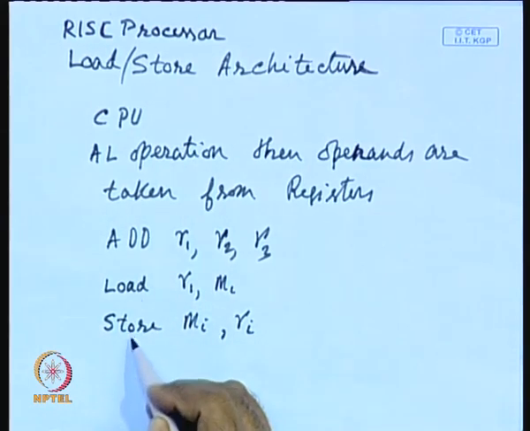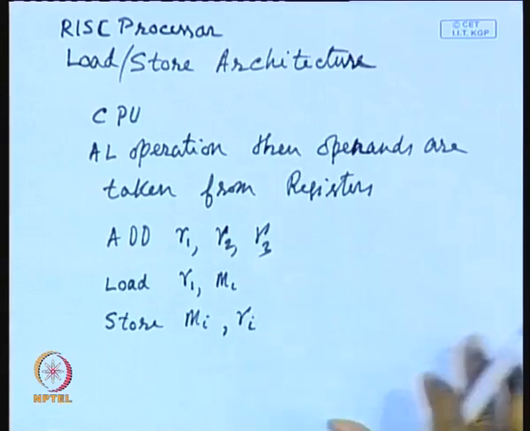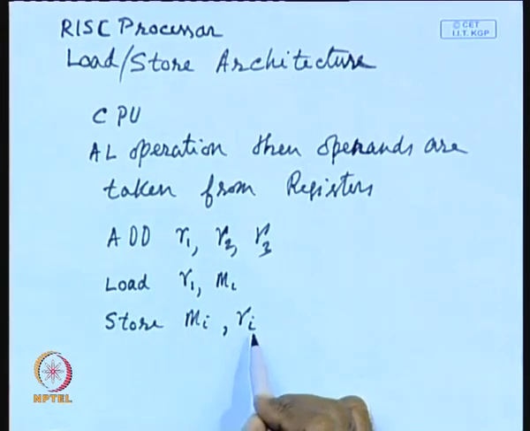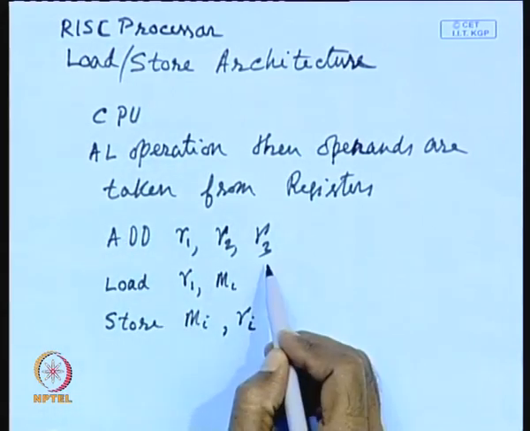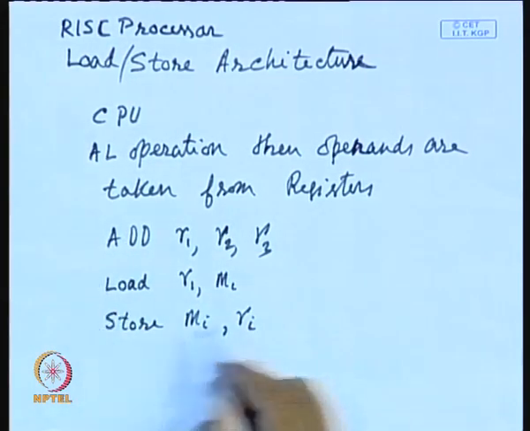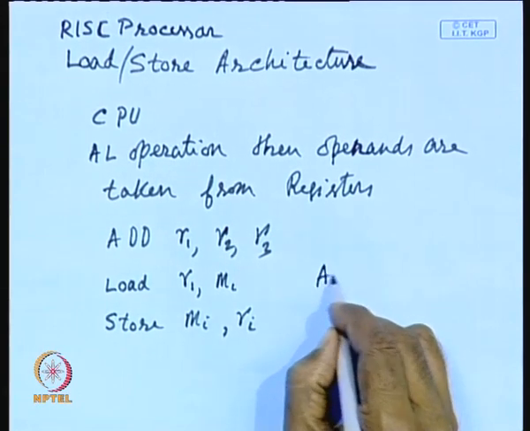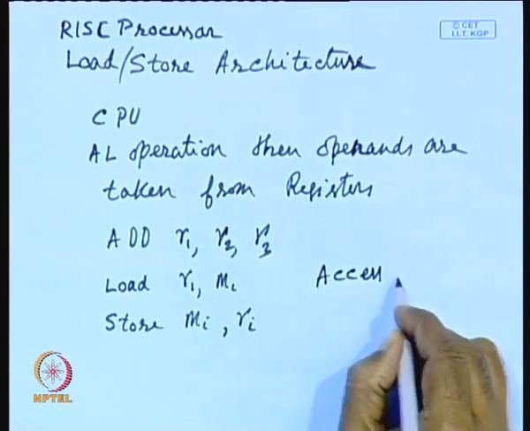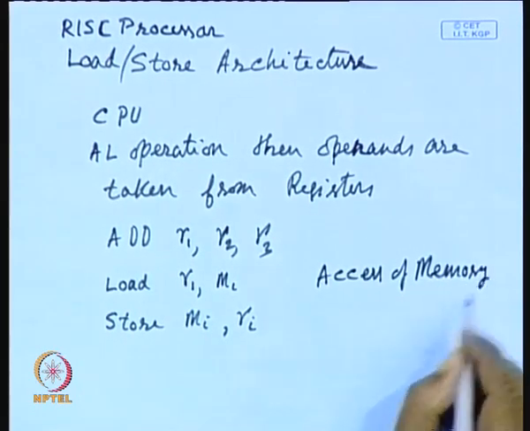So, you have to use an explicit load or store instruction to load a register or store data in a memory location. When you are performing arithmetic and logical operations, you can see it does not involve access of memory.